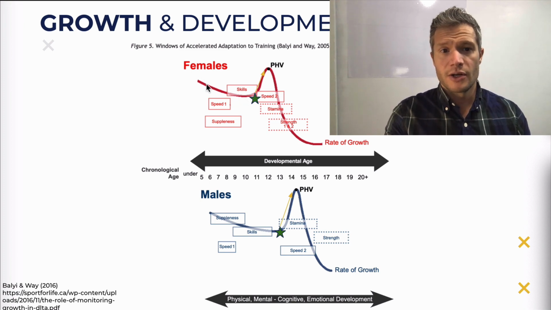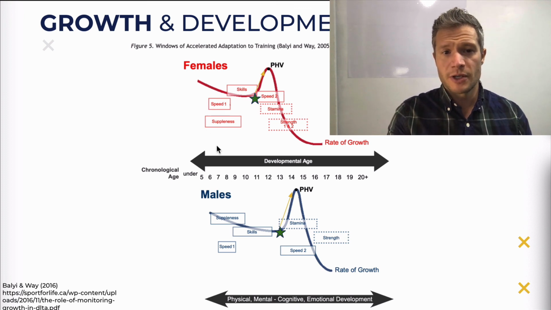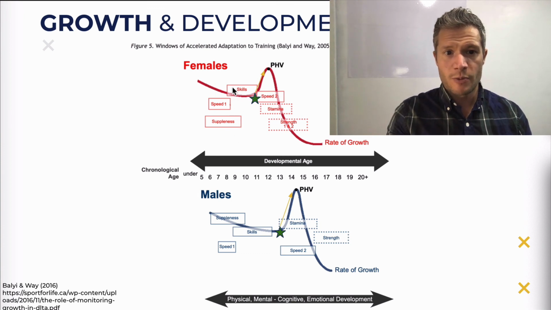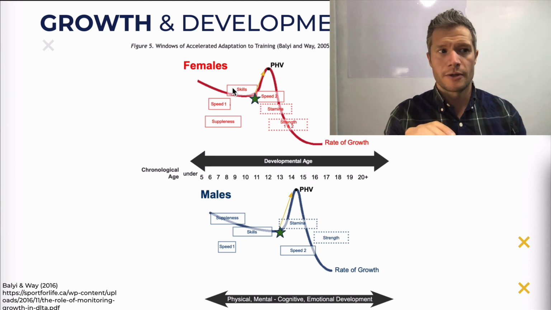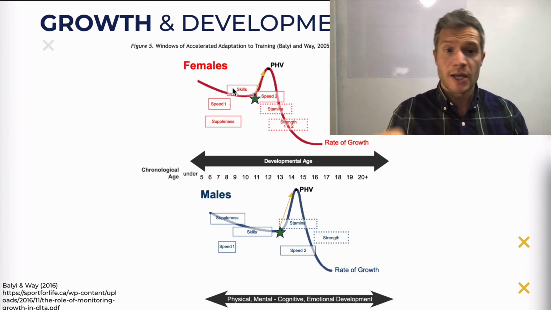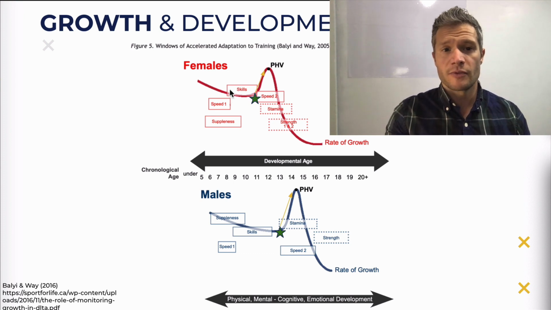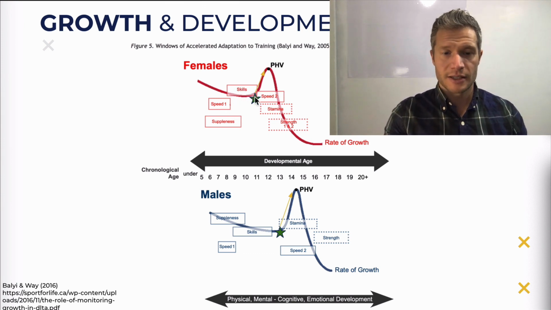Chances are feet and hands start growing quite a bit here before their vertical height changes. So you have your speed and suppleness. The first time you can work on speed and flexibility is right in this range, right? You get some overlap with sport-specific skills. Depending on what sport it is, this will change, but it's usually a little bit more fine or gross motor, again specific to the sport. So you get this window where you can really focus on that as their height slows down.